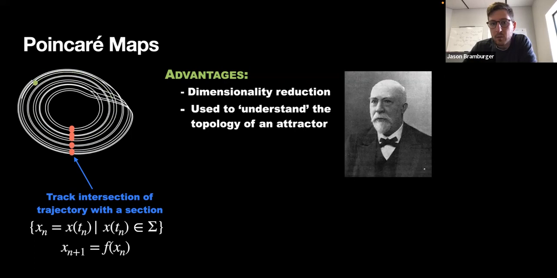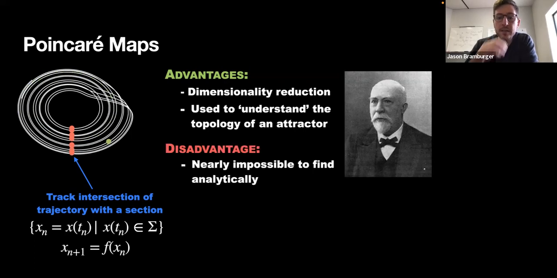So of course, what's the problem with this? Well, the problem is that, if I give you a specific system, it is almost impossible for you to just say, okay, here's the associated Poincaré map. So even though it works really well in theory, most of the time we limit ourselves to very simple mappings where we can get some phenomenological description.